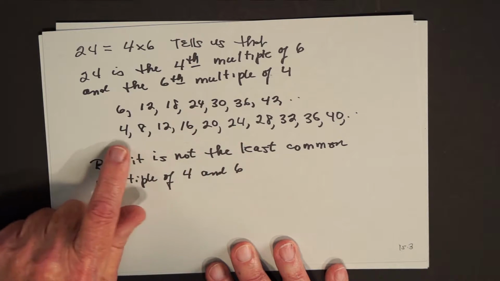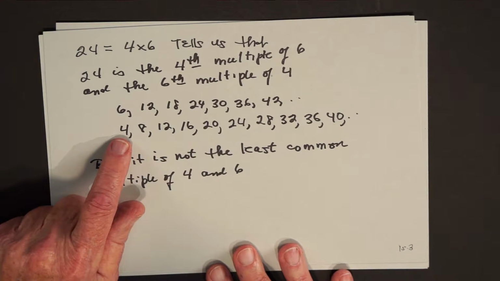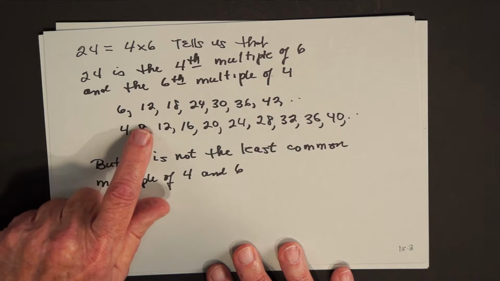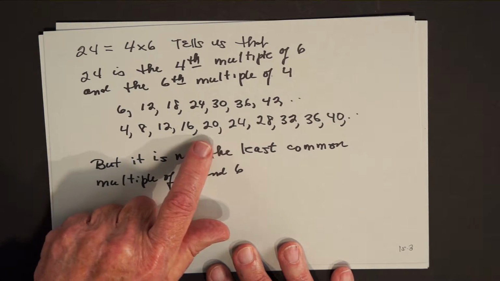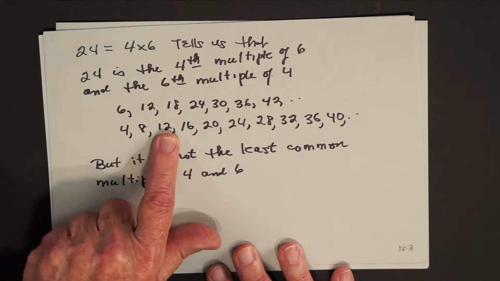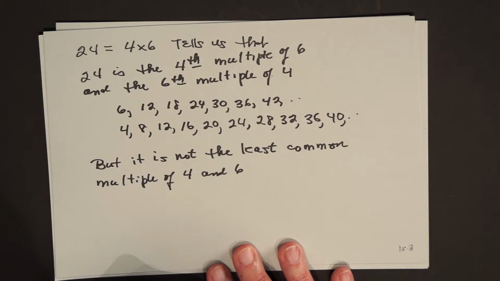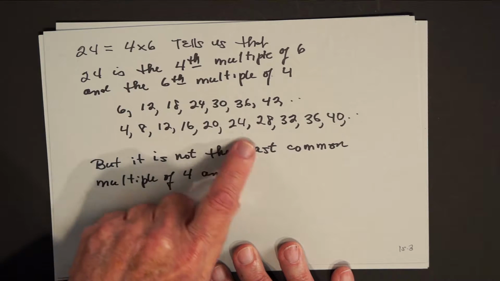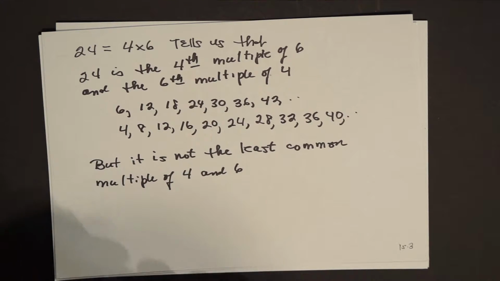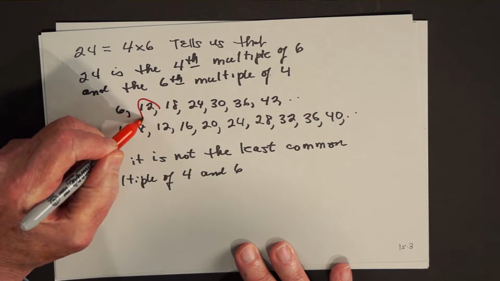Where is it over here? We're counting by 4s, what the kids call skip counting. 1 4, 2 4s, 3 4s, 4 4s, 5 4s, 6 4s, 24. But notice that even though 24 is a common multiple, it's not the least common multiple.